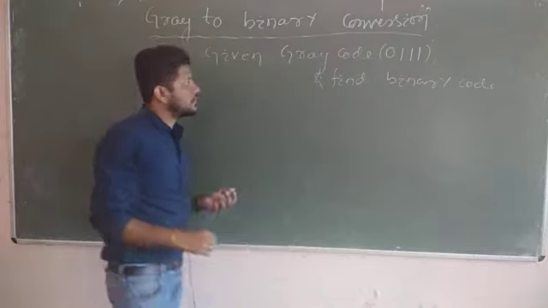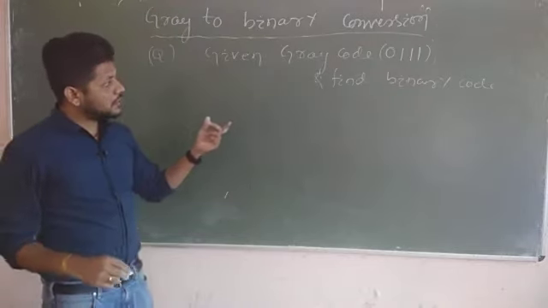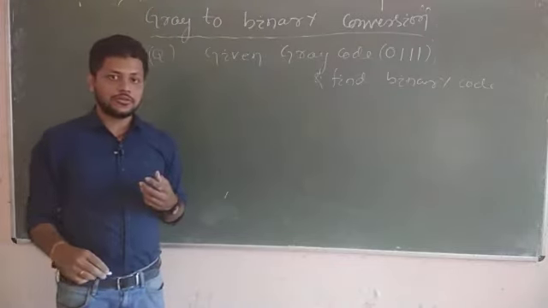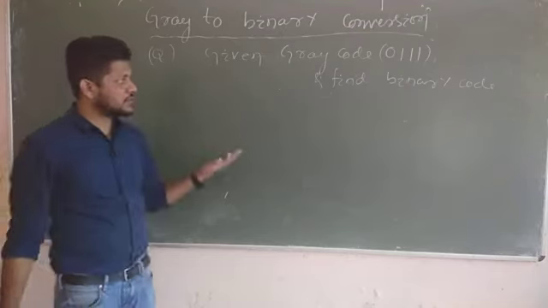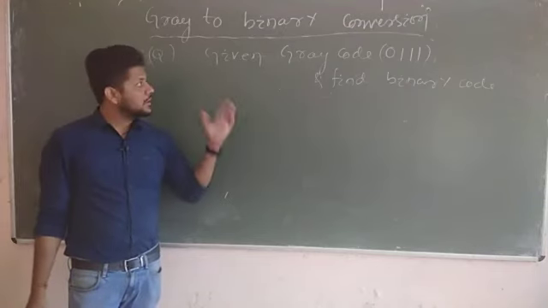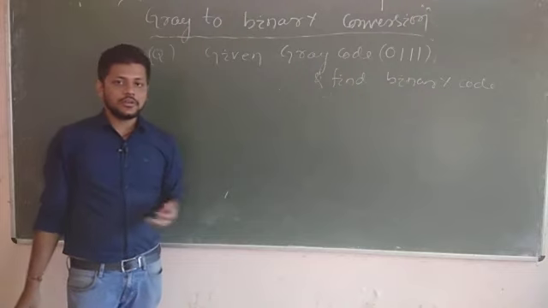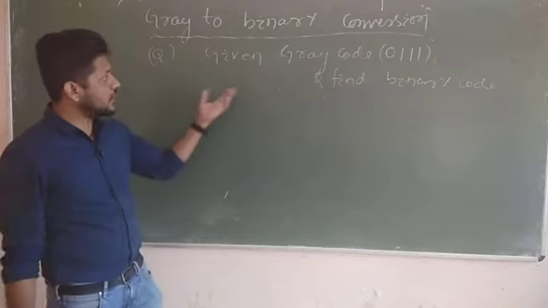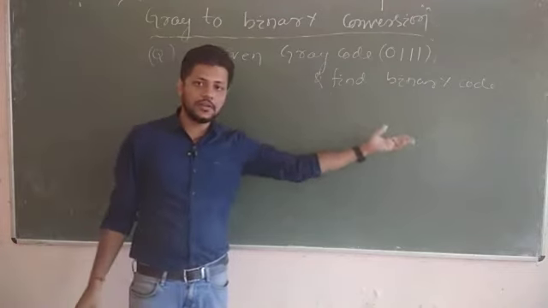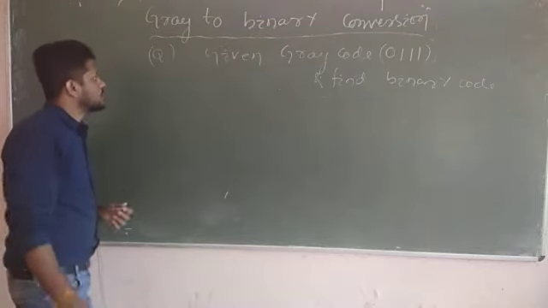So given the gray code 0111, you need to find the corresponding binary code. Just the reverse. In the previous example I solved, the given number is binary and you need to find the gray code. In this case, the given code is gray code and you need to find the binary code.